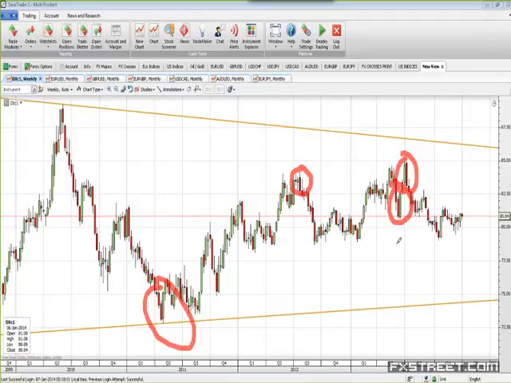Now, obviously, the opposite to an outside bar is obviously an inside bar, and it tells us exactly the opposite thing. An outside bar tells us a strong change of bias. An inside bar tells us that the market doesn't have a clue what it wants to do. Okay, it's stuck within a range.